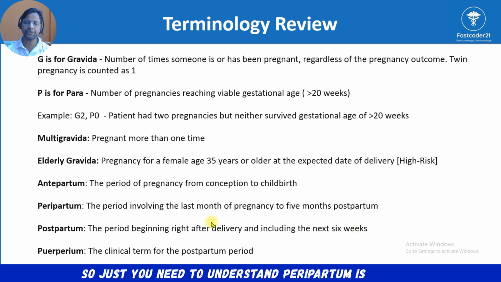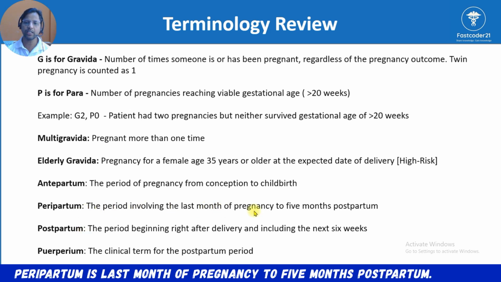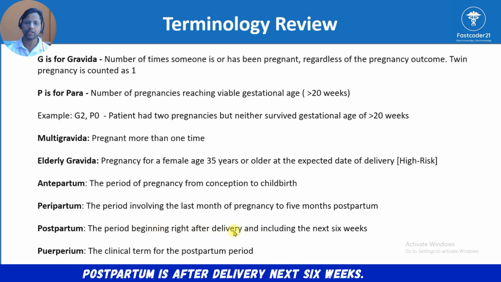So you just need to understand that peripartum is different and postpartum is different here. Peripartum is up to 5 months postpartum. Postpartum is the next 6 weeks after delivery. Next, puerperium. The clinical term for the postpartum period is puerperium.